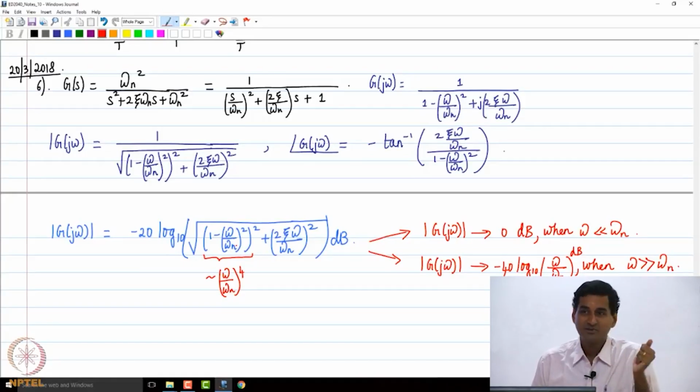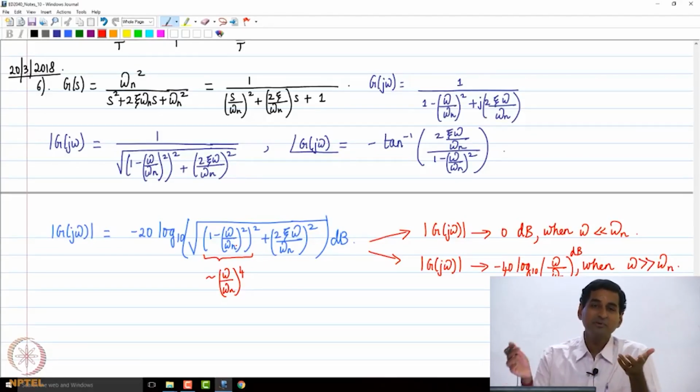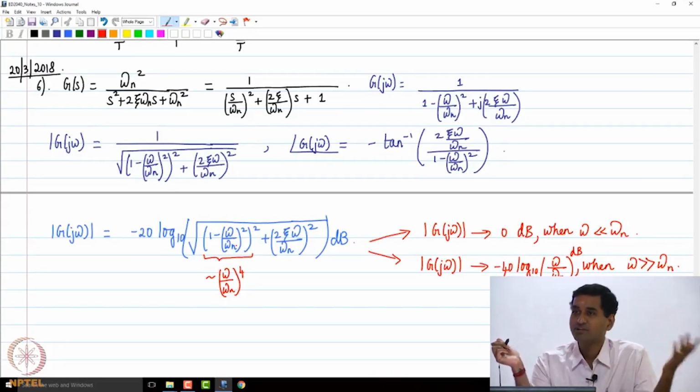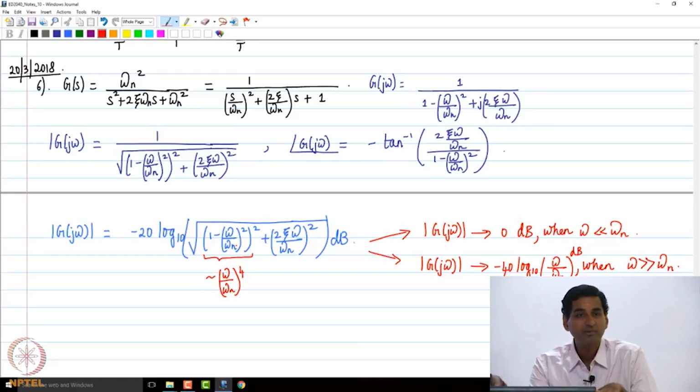So the first term obviously dominates. You take the square root, you get omega by omega n squared. So log of omega by omega n squared is 2 log omega by omega n. There is already a minus 20, you multiply it by 2, you get minus 40, right? So that's why the magnitude tends to minus 40 log to the base 10 omega by omega n decibels when omega is much greater than omega n.